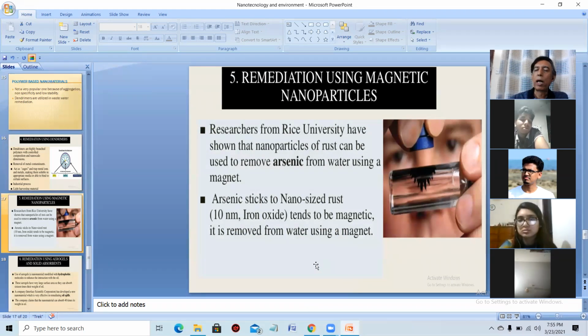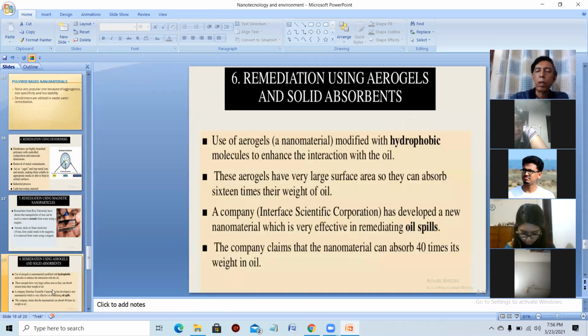The arsenic sticks to the nano rust, and a magnet can separate the iron, and automatically the arsenic is separated by the magnet.